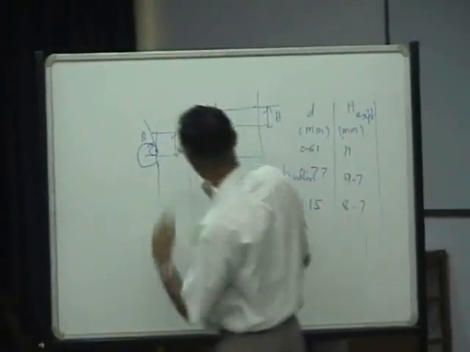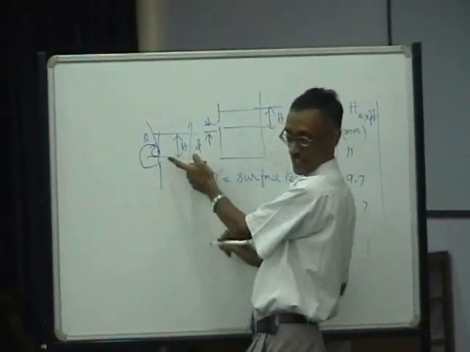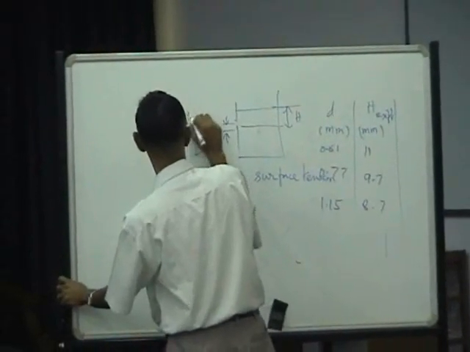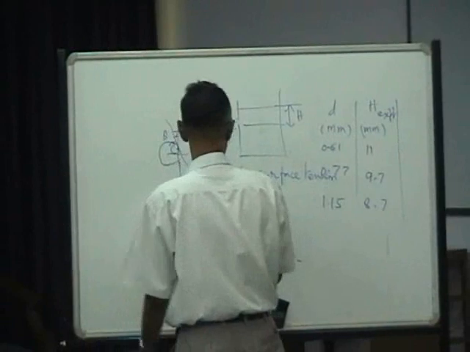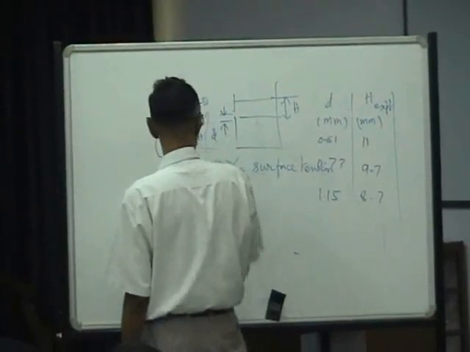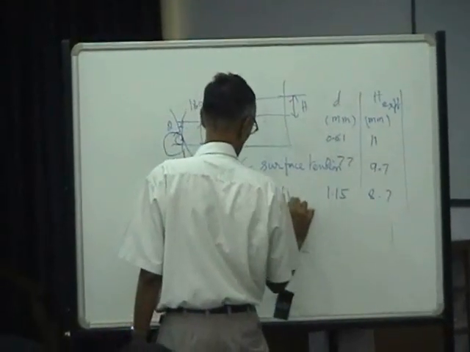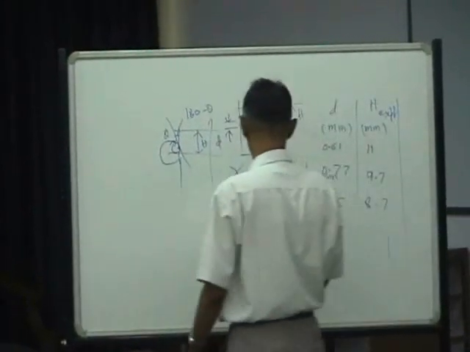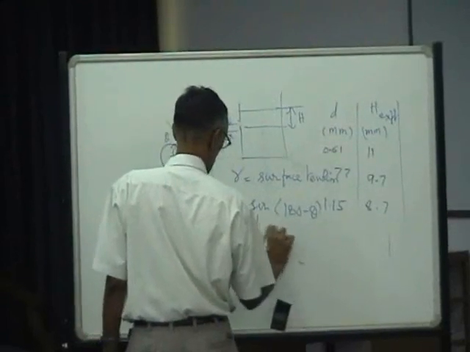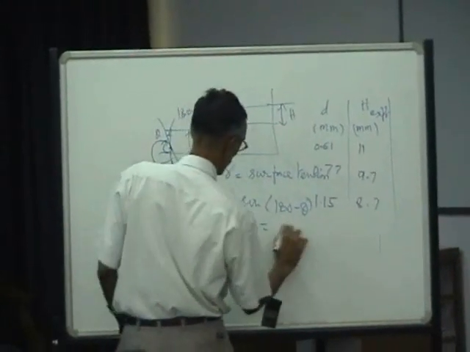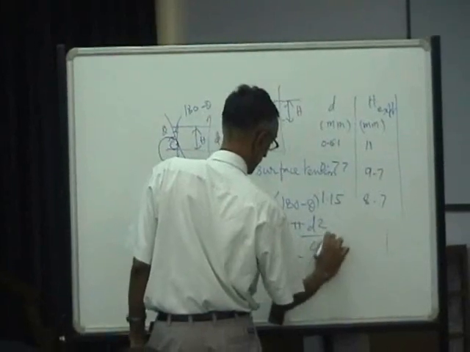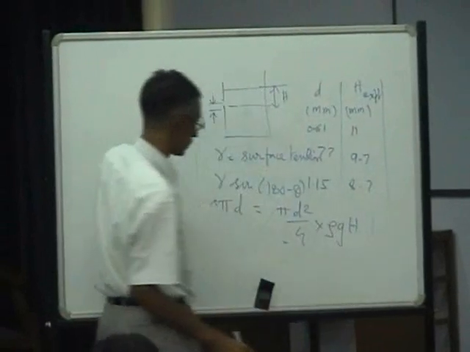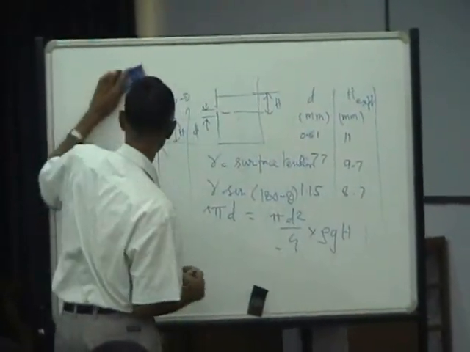So gamma into the component in the horizontal direction, which will be, this angle is 180 minus theta. So gamma sine(180 minus theta) into the circumference, which is pi d. That should equal the area pi d squared by 4 into the head.